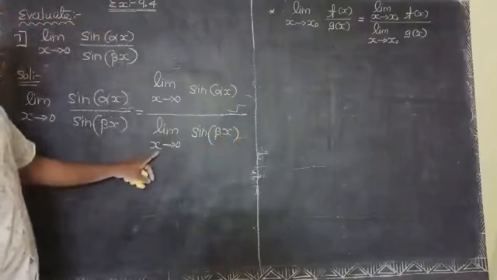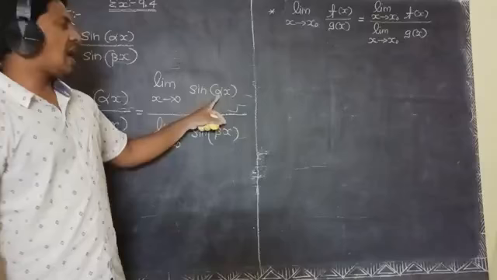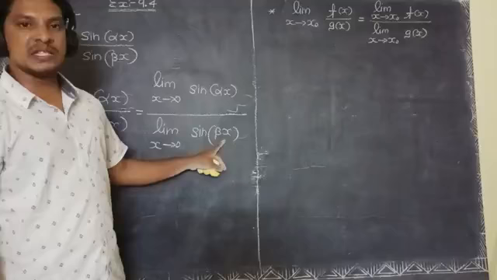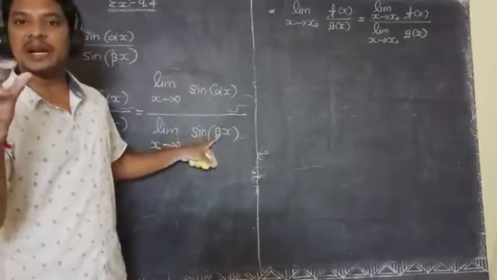Here replace x equal to 0: sin alpha into 0 is 0, and the denominator is also 0. 0 by 0 is an indeterminate form.